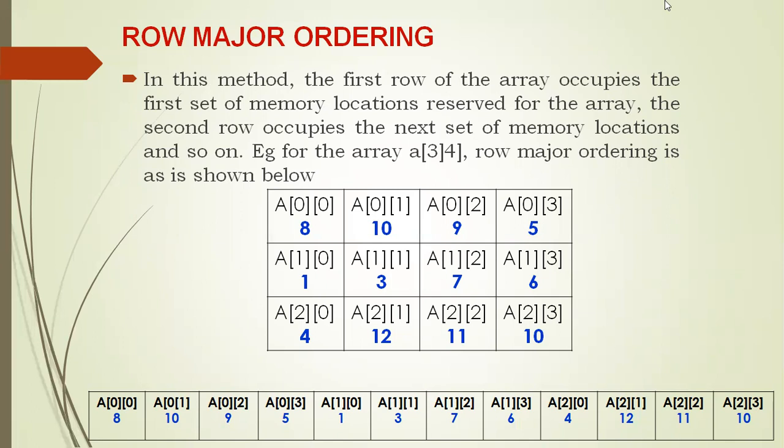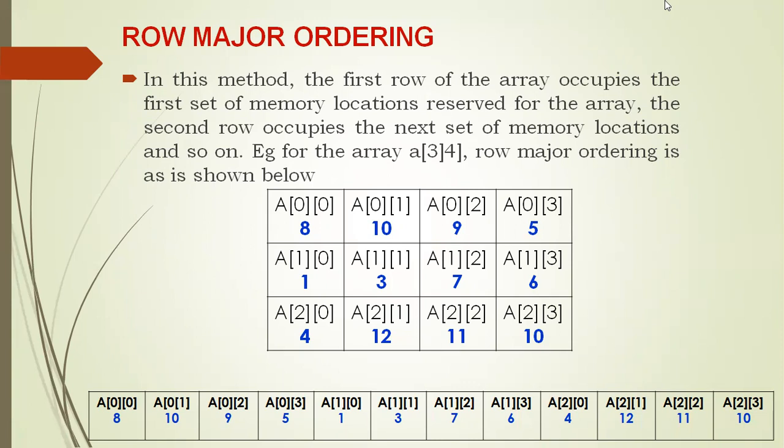For example, here the elements of the first row are A00, A01, A02, and A03. At the bottom I have given how it is represented. In the first 4 locations, I'm storing the values 8, 10, 9, 5. Next, which are the next 4 elements? 1, 3, 7, 6. They are stored in memory locations 5, 6, 7, 8.